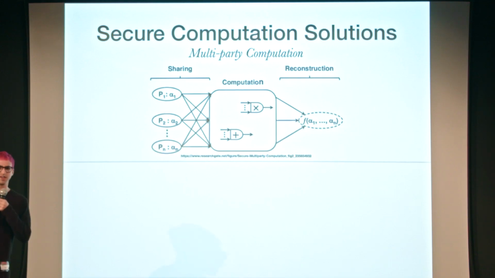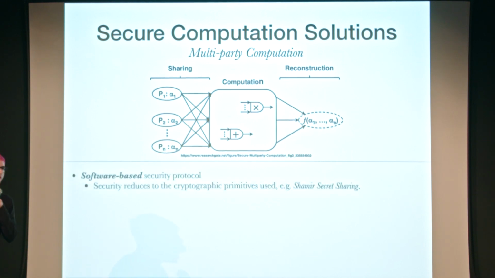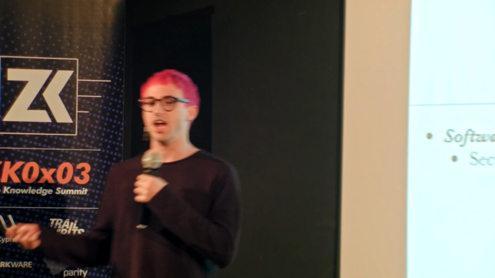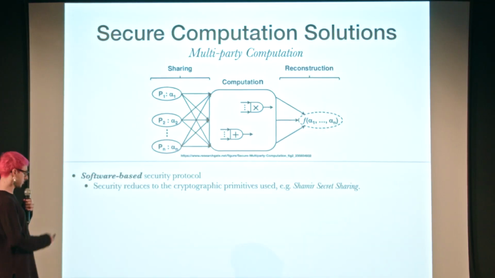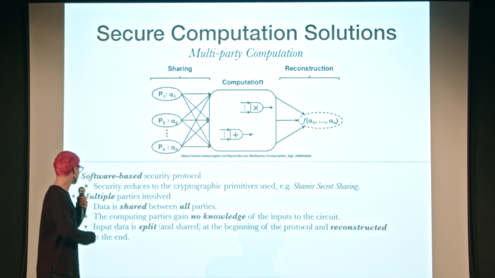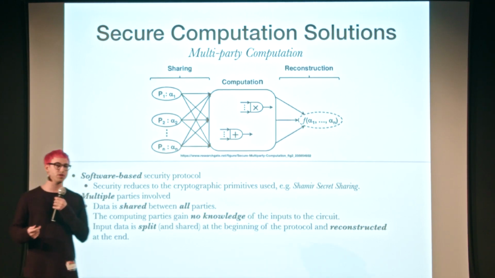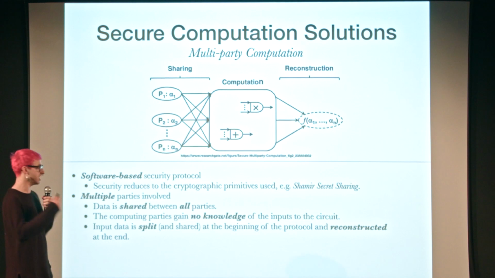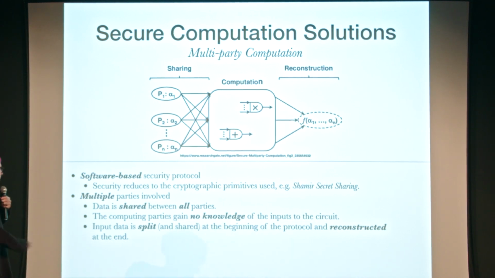To give a brief overview, multi-party computation can be considered a software-based security protocol. The security reduces to a cryptographic primitive used. In many cases, people use Shamir secret sharing, and we can reduce some of the security to the mathematical properties involved. Here, we have multiple parties that perform a computation, and the computing parties gain no knowledge of the inputs to a specific circuit, right?